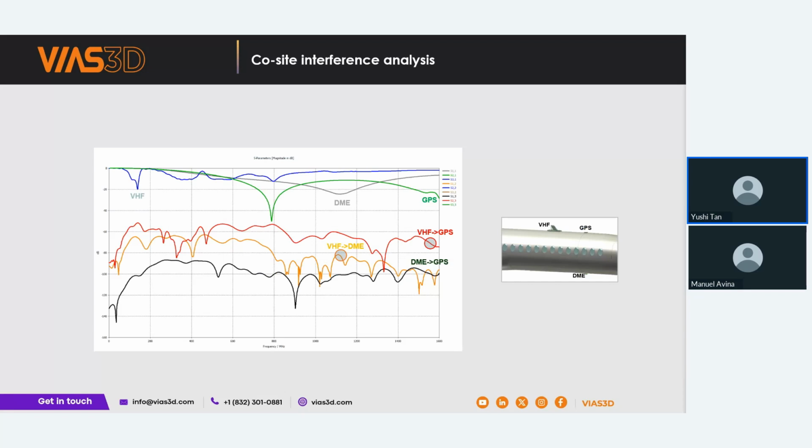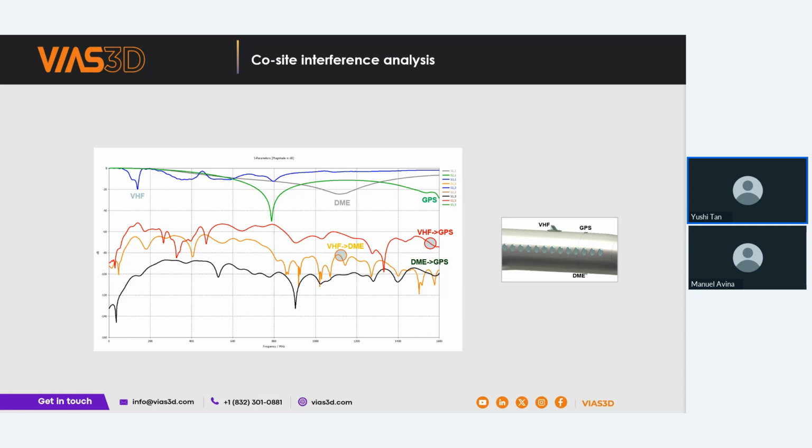So here is the plot of the various antennas. The VHF, DME, and GPS, and we can see the corresponding coupling between them. So let's say when the GPS antenna is active, and the VHF antenna is active, how much coupling is getting to, let's say, the GPS antenna and also the DME antenna, right?